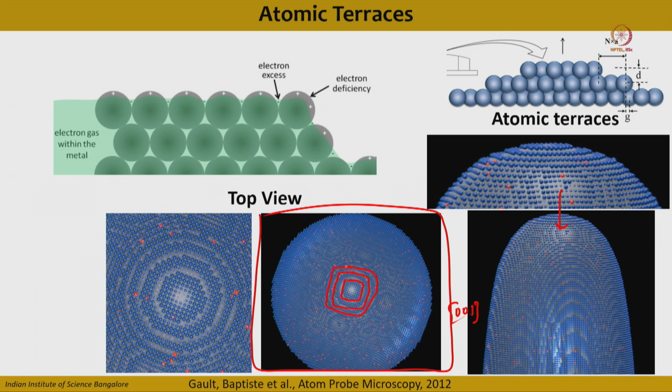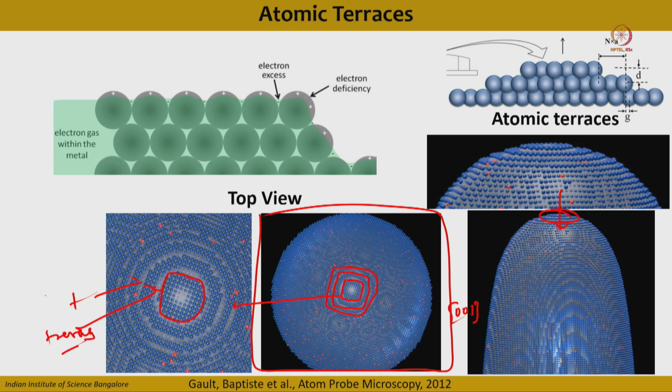If you zoom in more, you can see that these atoms are in the cubic arrangement. Here is the atom, and this region between these two is the terrace, correct? This is another plane, again a terrace. This is another plane, again a terrace. So you can see the complete crystallographic nature of the atomic distribution, or the position of the atoms at the top tip surface.